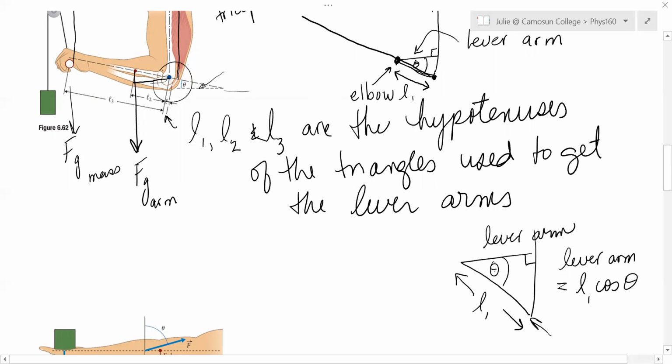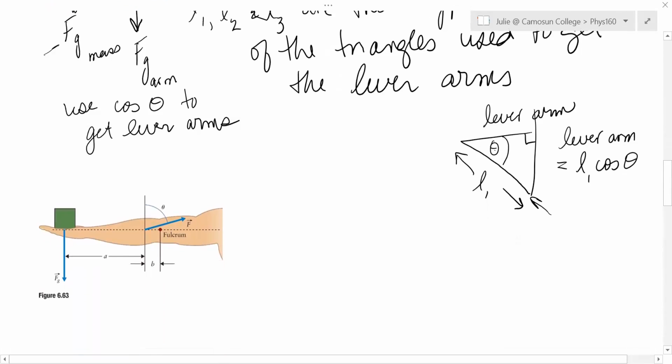Again this is theta, and it's cos, so it's L2 cos theta to get the lever arm for that one. Similarly for this one over here, it's cos. They're all cos, so you use cos for all of these to get lever arms. That's a little tricky one.